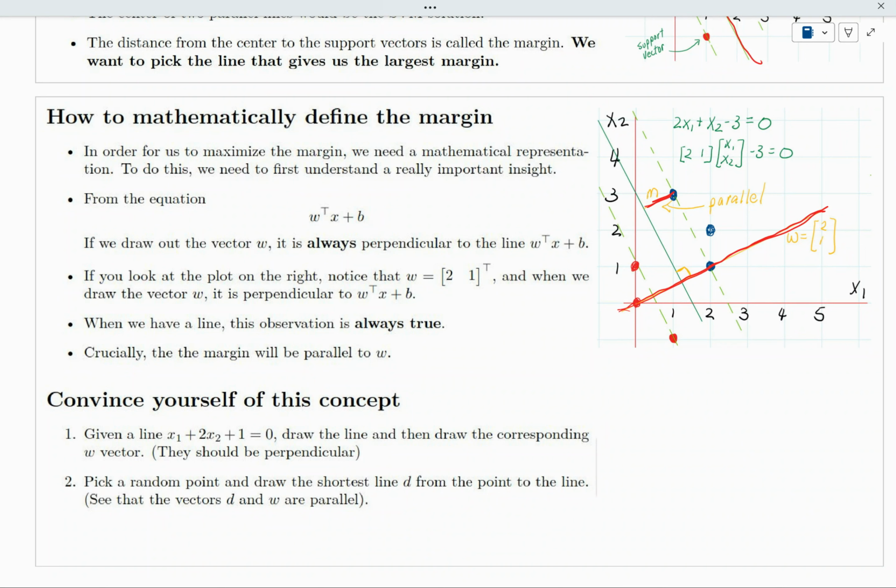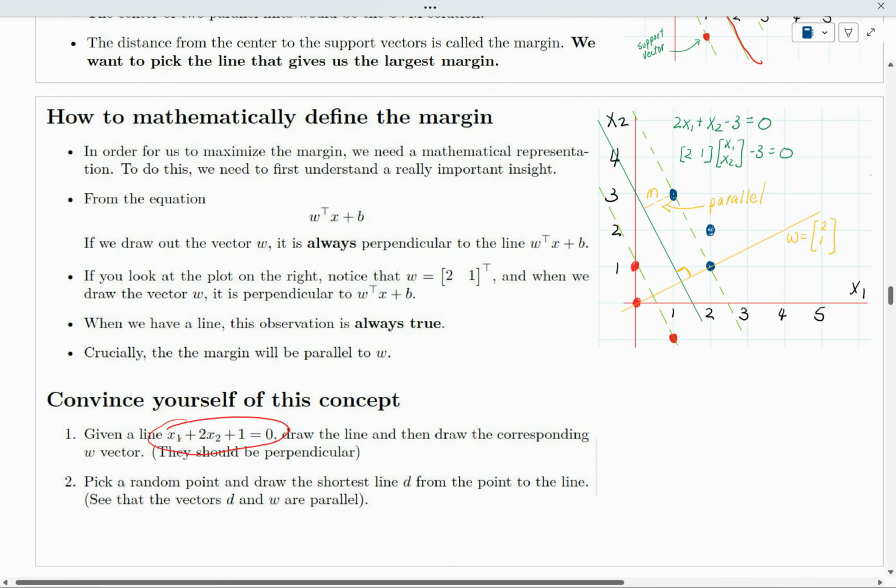So before we move on, let's try to convince you of this again. Pause the video and look at this line. This is the line that we have. I want you to draw this line, and after you draw this line, draw the W vector. You should see that this line and the W vector are perpendicular to each other. Understanding this perpendicularity is key.